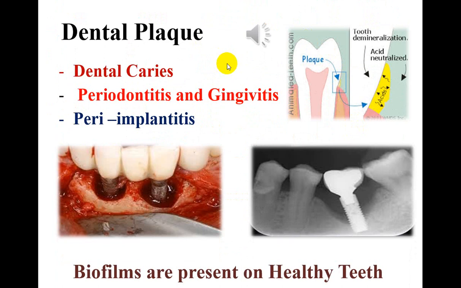Dental plaque is considered to be the etiological factor of many diseases, especially dental caries, periodontitis, gingivitis, and peri-implantitis. You should remember that dental plaque or biofilm is present also on healthy teeth.